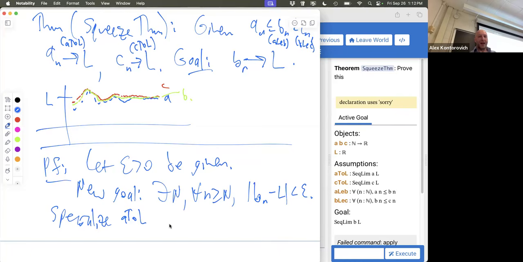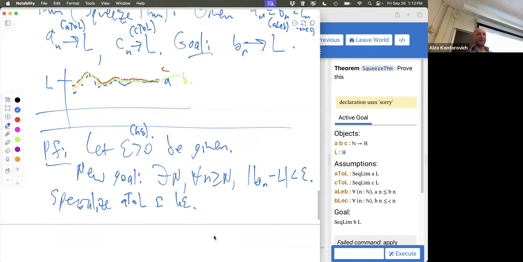So specialize A to L to what epsilon? The epsilon that we have, and I need a proof that it's positive, H epsilon. Okay, and we'll call this hypothesis H epsilon. Specialize A to L to that, and similarly specialize not B, but C. C goes to L, epsilon, H epsilon.